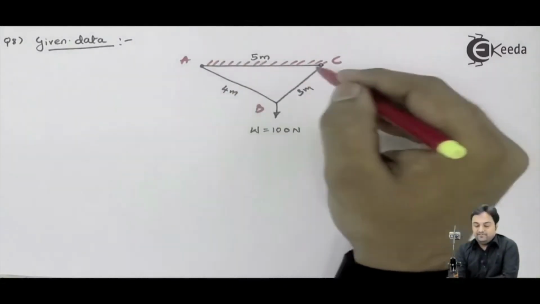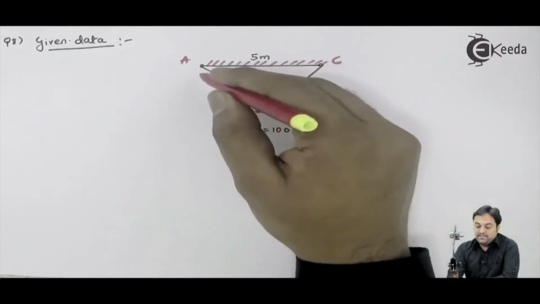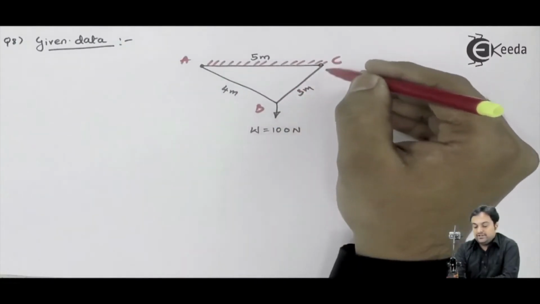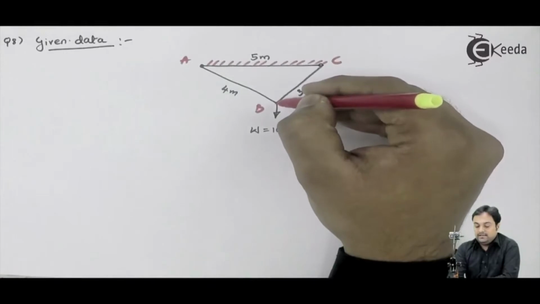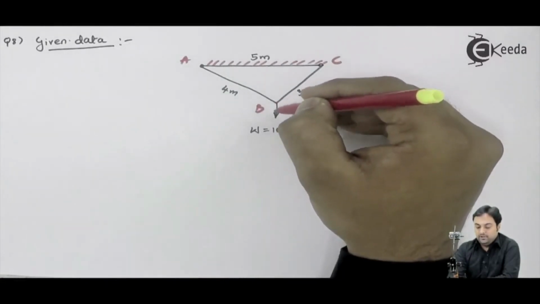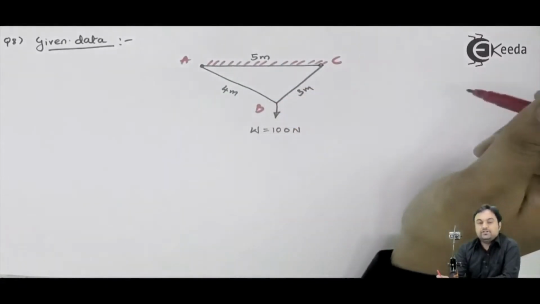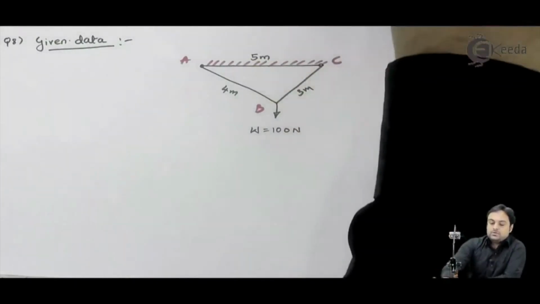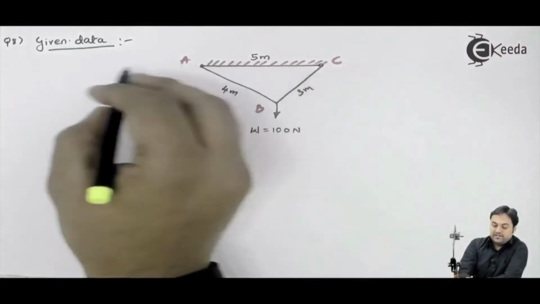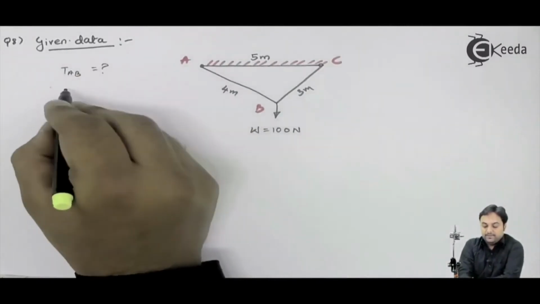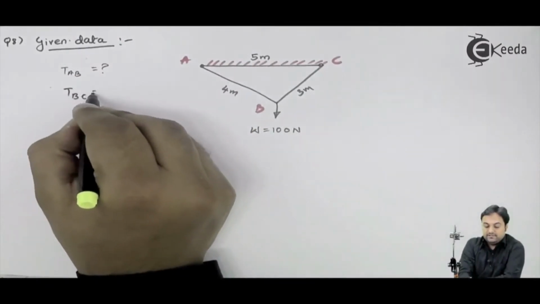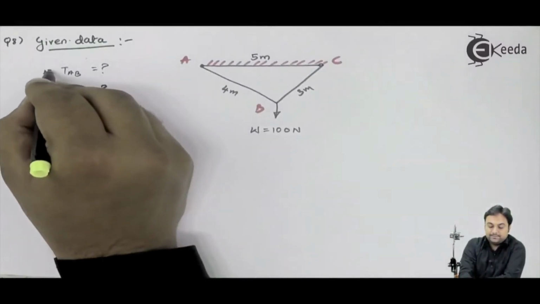Over this ceiling of 5 meter, one string AB is of 4 meter, other string BC is of 3 meter. Both are attached, and at this attachment at point B, load of 100 Newton is acting in the downward direction. So I have to calculate TAB, tension in string AB, and TBC, tension in string BC.